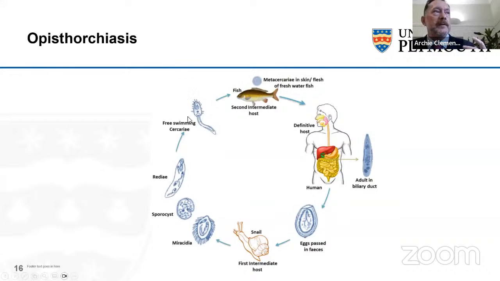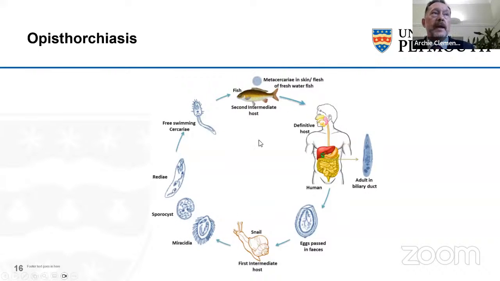And then those cercariae form cysts in the fish. And then if humans eat raw fish infected with these metacercariae, they become infected. And then those stages of the parasite mature in the gut, and then they go into the bile duct as adult fluke.